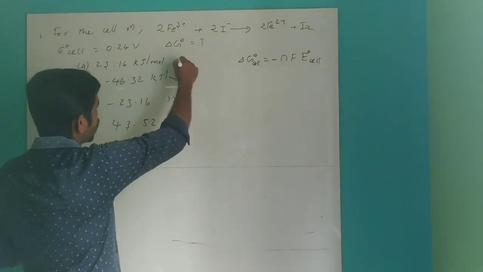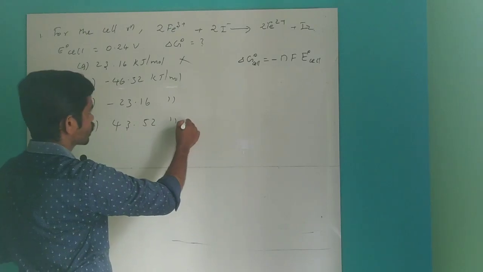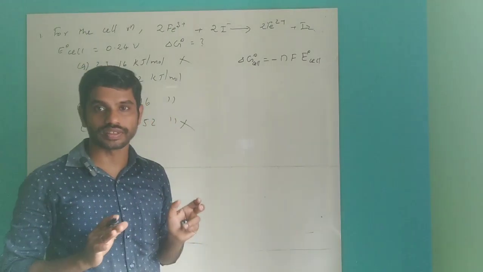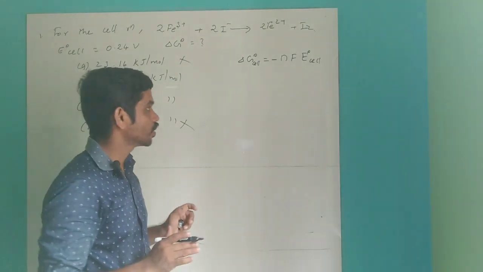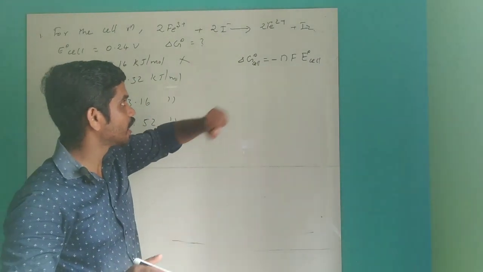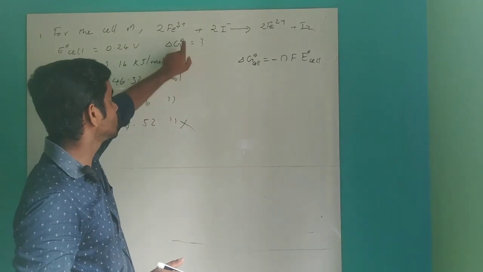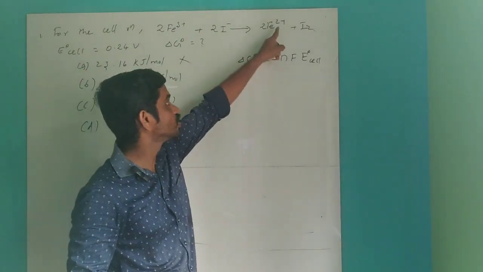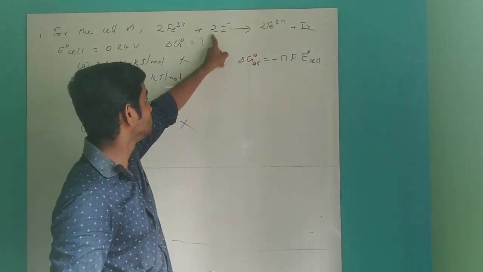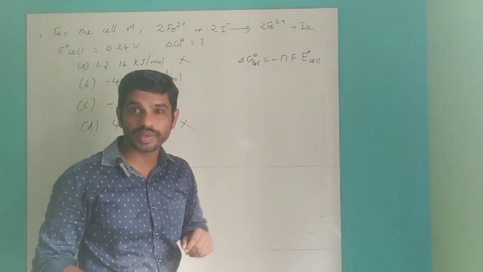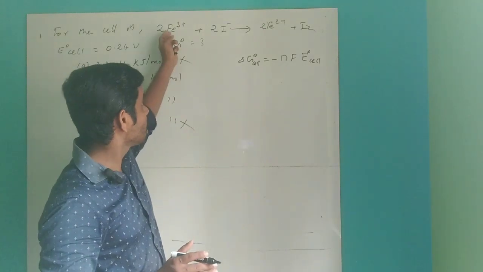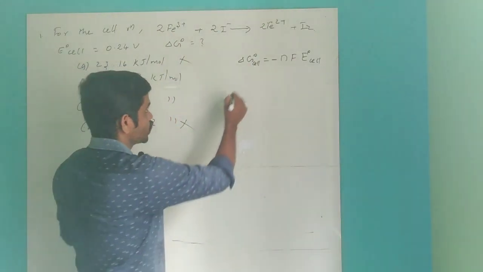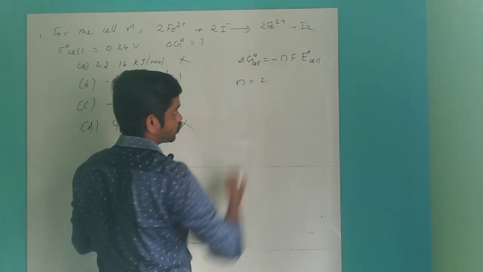So you can cancel A and D. Two options by seeing itself we can cancel. Now what is the value of n? Here Fe3+ is becoming Fe2+ and 2I- is losing electrons. One ion is losing one electron, so with 2 ions, the n value will be 2.